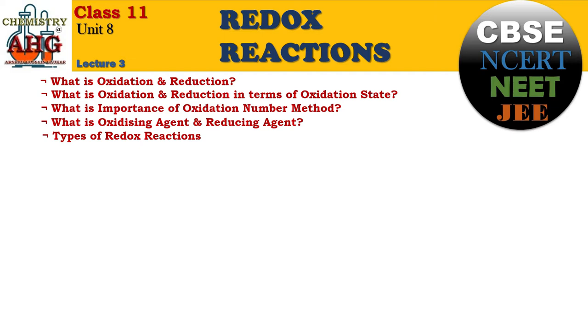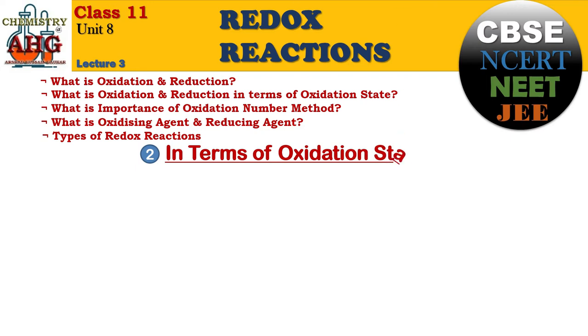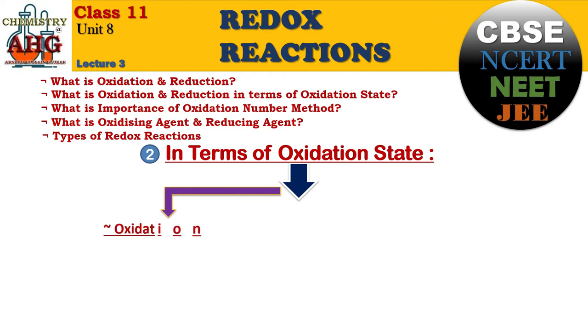Let's start. First of all, in terms of oxidation state, you must be able to define what is oxidation and what is reduction. Always remember, in terms of oxidation state or oxidation number, oxidation is an increase in the oxidation number or oxidation state of an element.